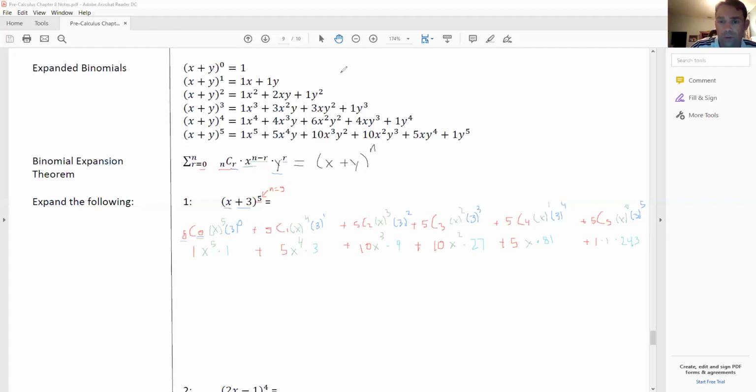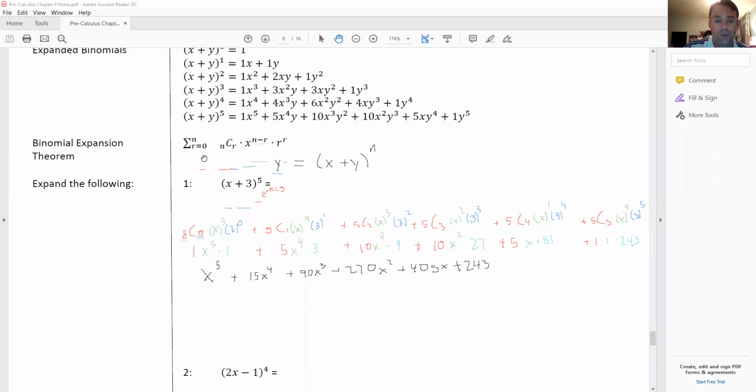So x plus 3 to the 5th, when I multiply it all the way out, it would be x to the 5th plus 15x to the 4th plus 90x cubed plus 270x squared plus 405x plus 243. That's the expanded polynomial.